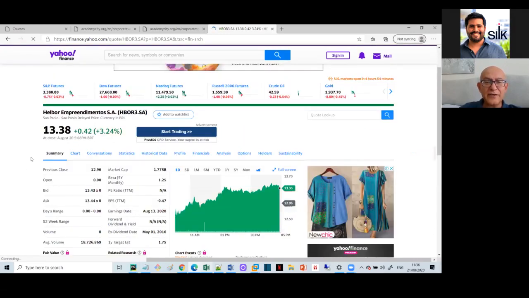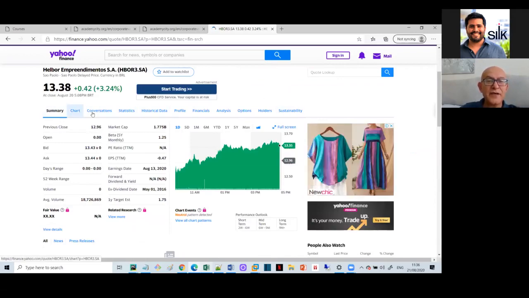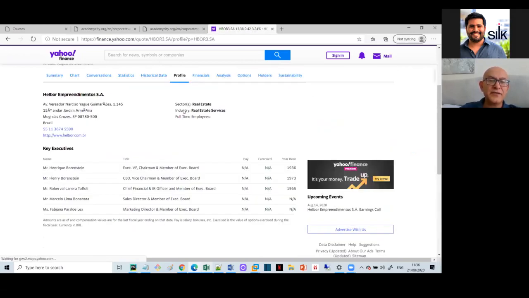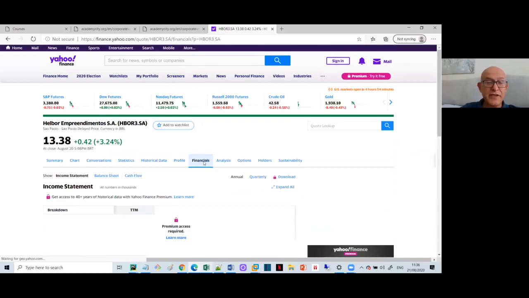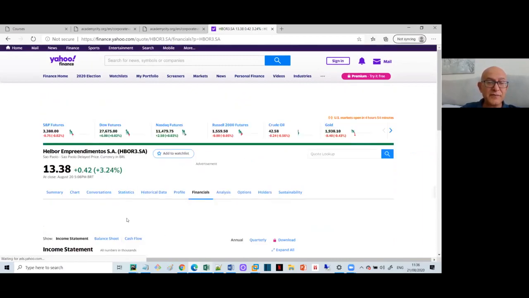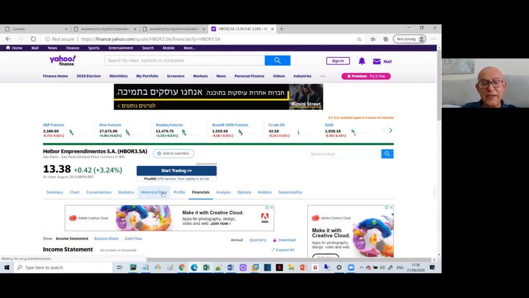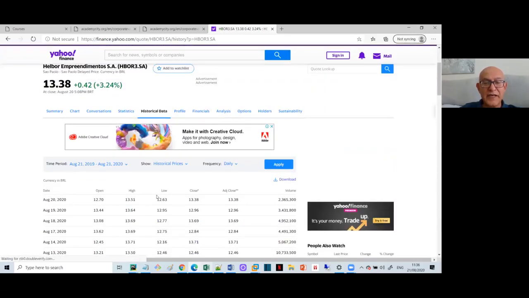You have a lot of stuff here, by the way, the profile, which is really nice. You can use that for your paper. Financials, you can see the financial statements, balance sheets, income statement. You can look at their pricing. You have historical data, meaning you can see all the pricing of this company.